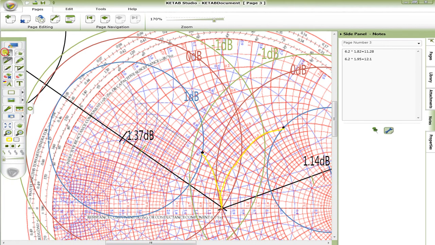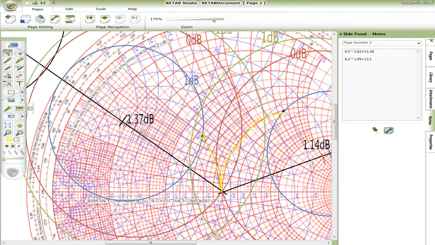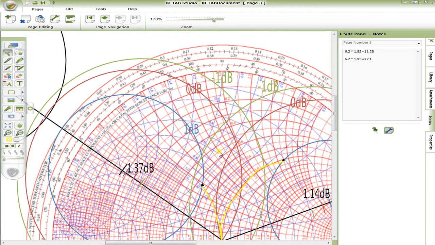Now this is our last part. We're going to calculate the matched network for the input first. If we calculate this point, we want to know the component we used to get the matched. For this point at the input, if we go through the Smith chart, we find that it's almost 0.8, but this is the admittance.